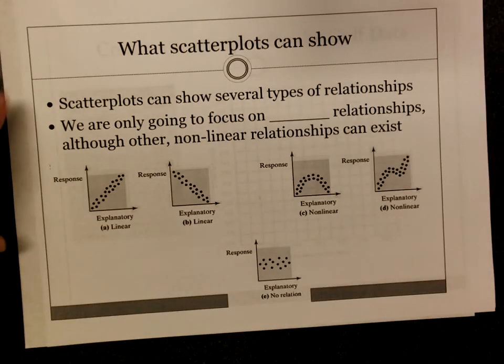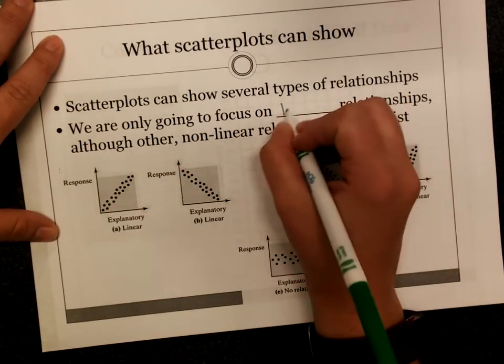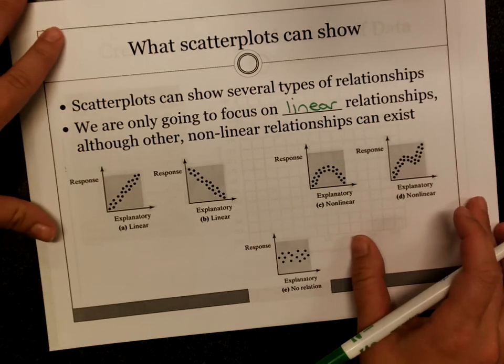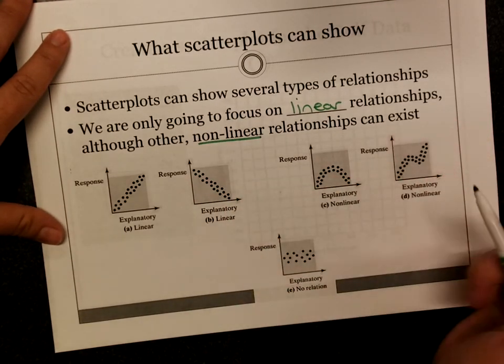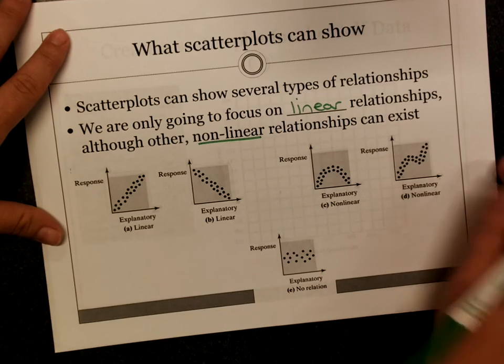Scatter plots can show several types of relationships. We are only going to focus on linear relationships, only on ones that make a line. There are other nonlinear relationships that exist if you take a more advanced statistics course or a research course or just any higher level math course. You'll study other nonlinear relationships.